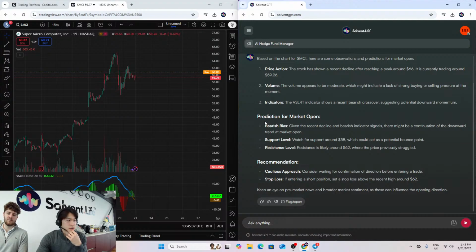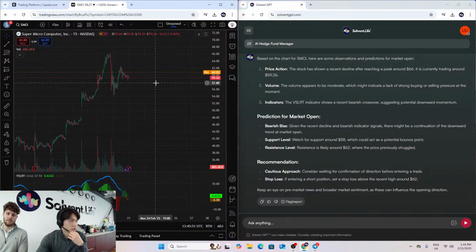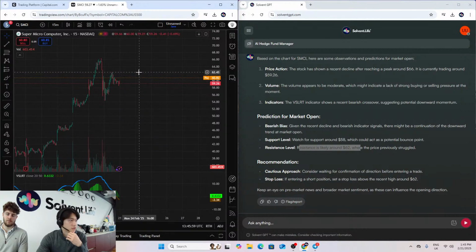Predictions for market open: bearish bias. Given the recent decline in bearish indicator signals, there might be a continuation in the downward trend. Watch for support around $58, which could act as a potential bounce point. Resistance is likely around $62.